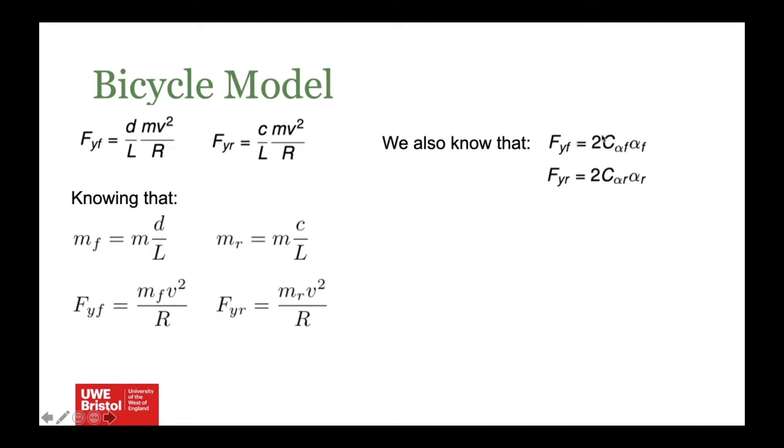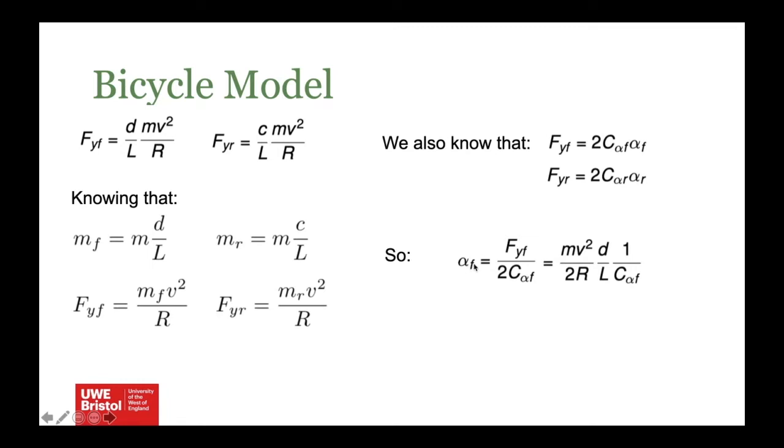With the bicycle model, you need to have a 2 in this term to get 2 times the cornering stiffness, because you've got 2 tires generating lateral forces. So we can rewrite these equations.